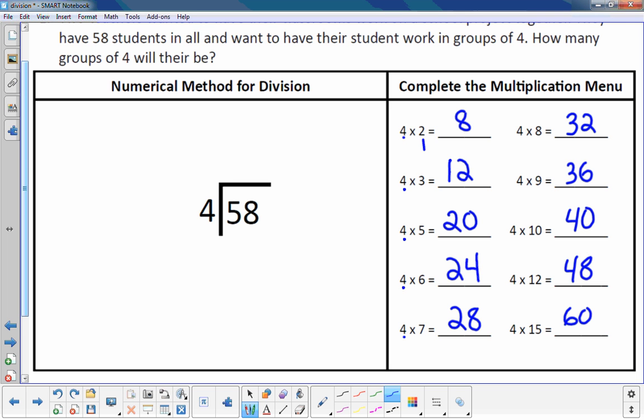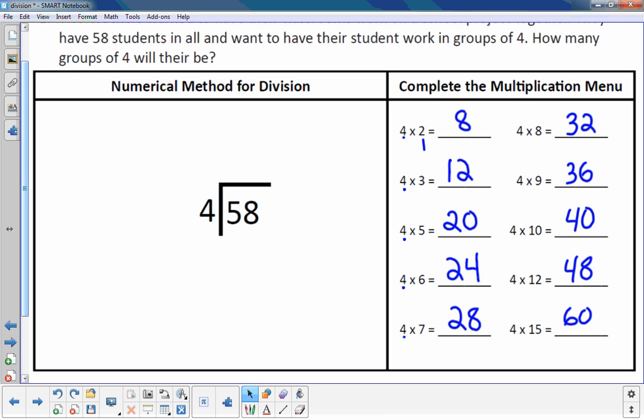So now I already have the division problem set up for my students. You'll see there's a 58 here and a 4 here. The 58 is getting divided by the 4. In the future, those students will be writing this on their own, but this is preset for them.